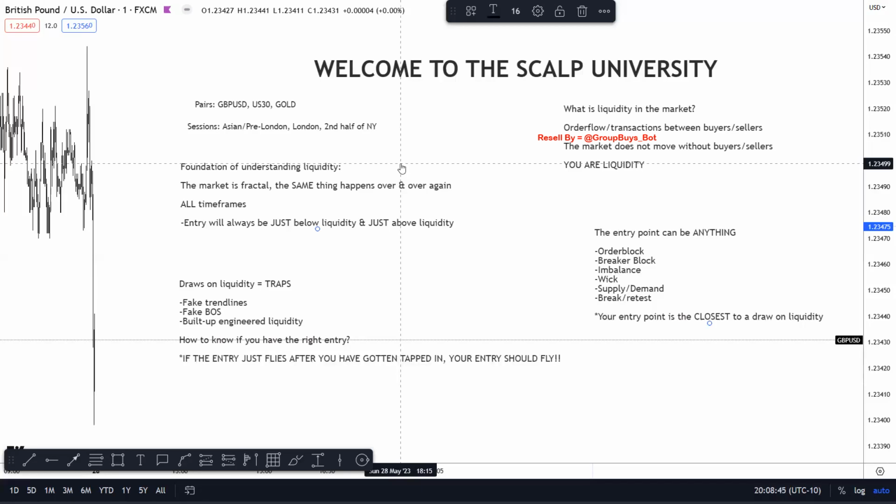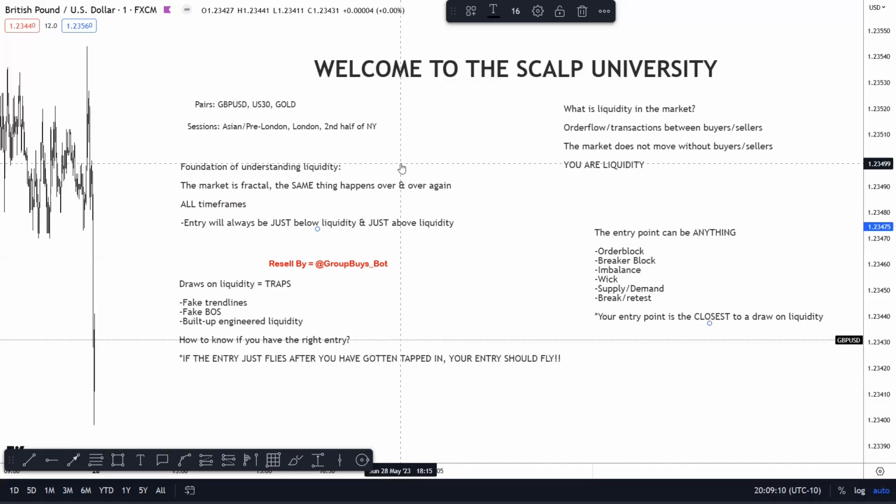The market is fractal. No matter what, the same thing happens over and over again on all time frames. It does not matter whether you're on the daily, the 4 hour, the 1 hour, the 1 minute. The same thing happens on every single time frame over and over again.